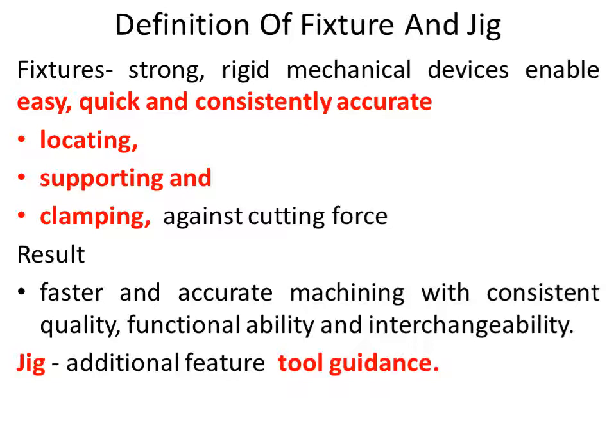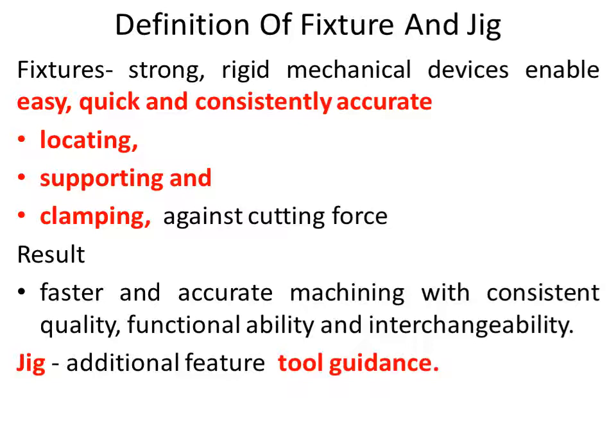The purposes are locating, supporting and clamping, and not only that, it should have the facility to load and unload the component very easily, quickly, and it has to provide consistently high accuracy on n number of components which are going to be machined on the machine.